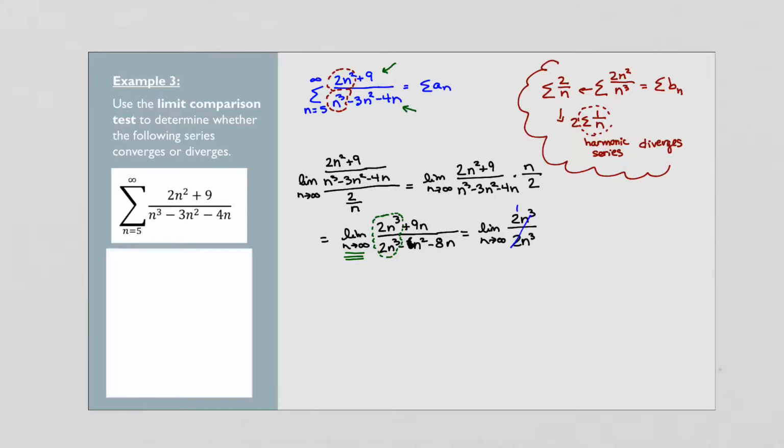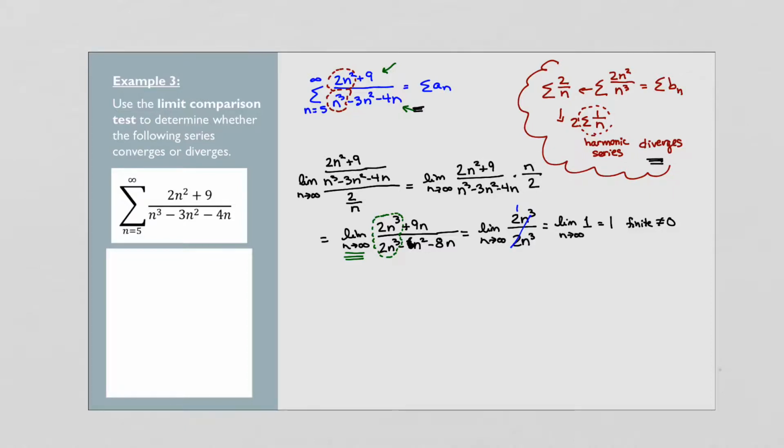Because we chose the b sub n we did, as n goes to infinity we are simply taking a limit of 1, which is a finite number not equal to 0. This means the limit comparison test concludes that whatever b sub n does, a sub n also does, and therefore, since b sub n diverges, a sub n also diverges. So this series diverges.